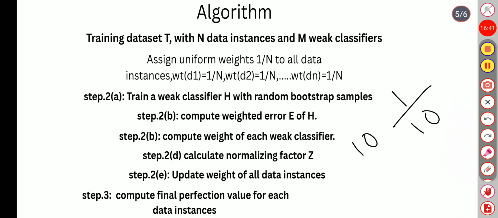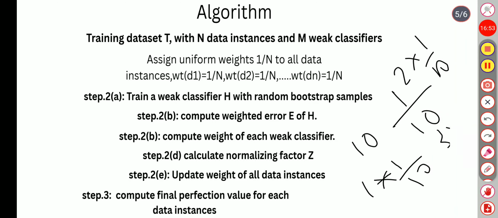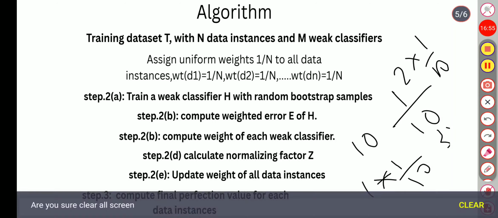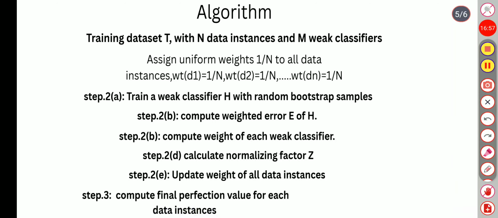So apply this 1 by 10 to all the instances available in your data set. If there are 10 instances, apply 1 by 10 to each, and like this way you need to apply. That is called the initial weights, which are uniform.